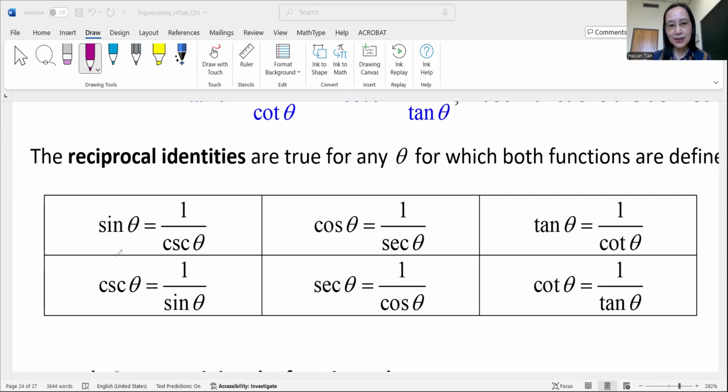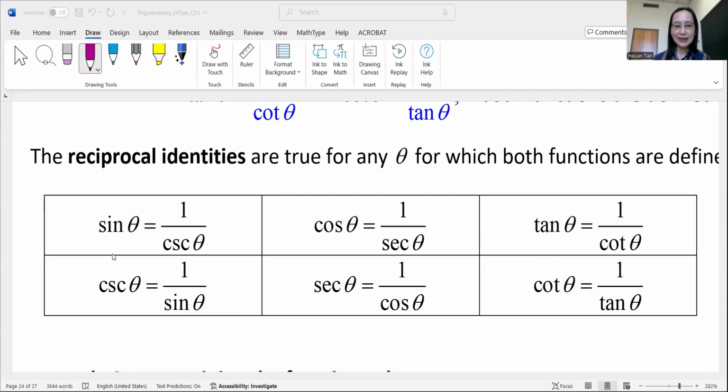Sine is the reciprocal of cosecant, and cosecant is the reciprocal of sine, so they are reciprocal to each other. Cosine is the reciprocal of secant. Secant is the reciprocal of cosine. Tangent is the reciprocal of cotangent. Cotangent is the reciprocal of tangent.